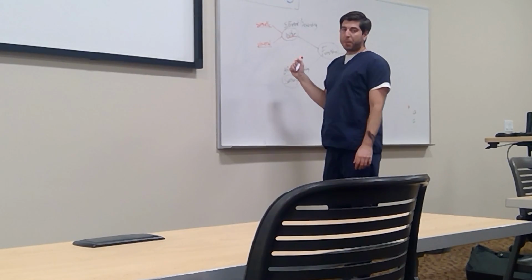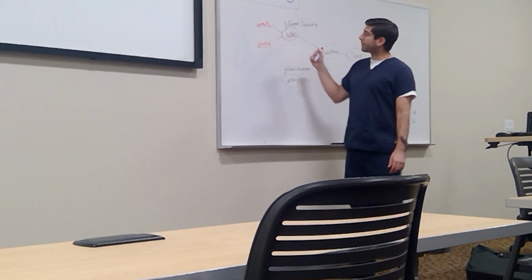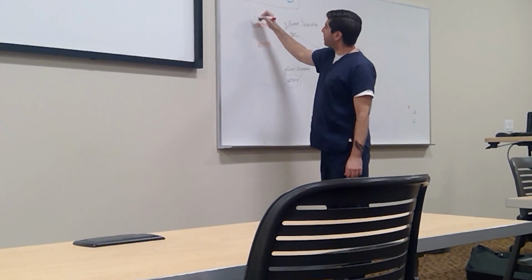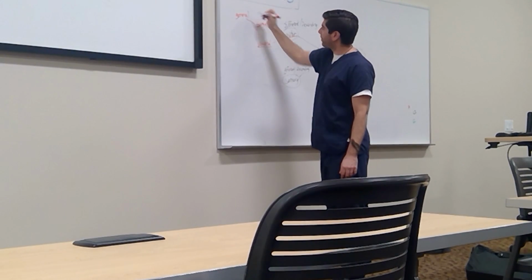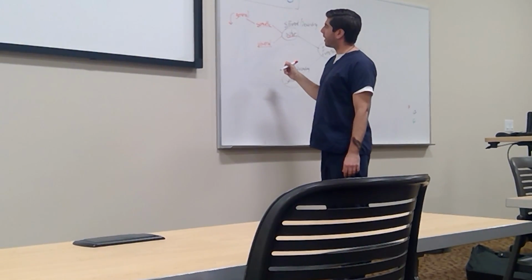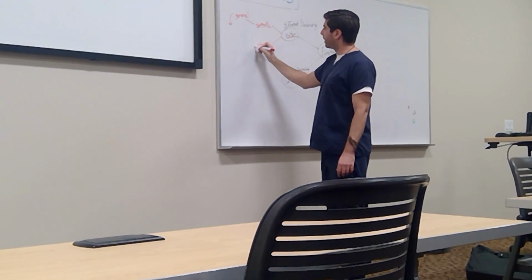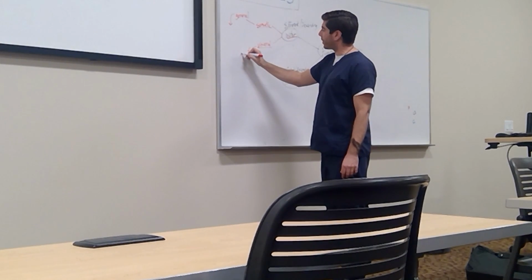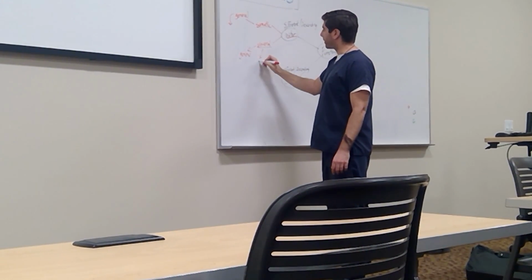And then the other part of the designation is whether it's general or special. For somatic, we have just a general branch. But visceral, we have also general, and we also have special.